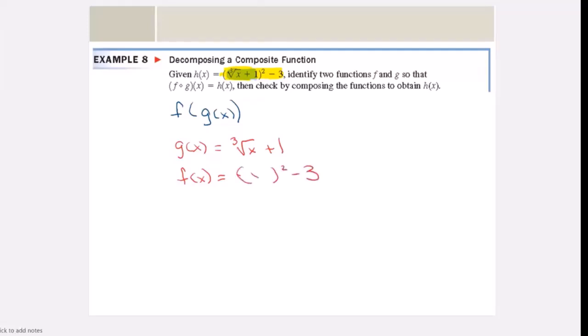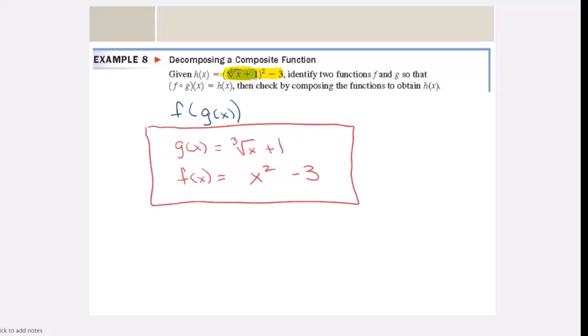And remember, this is really just x. Okay? So I would say that I can use x squared minus 3 for my f of x. Let's see if that works. Because it says then check. See here, right here, it says check by composing the functions to obtain h of x.